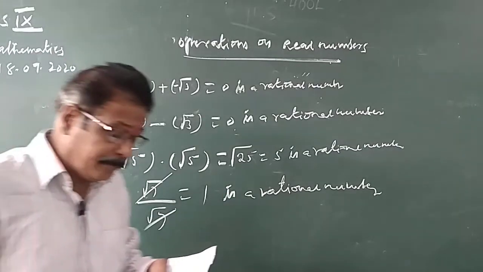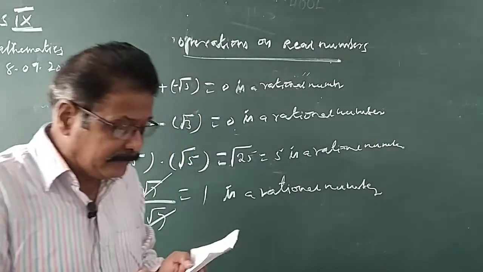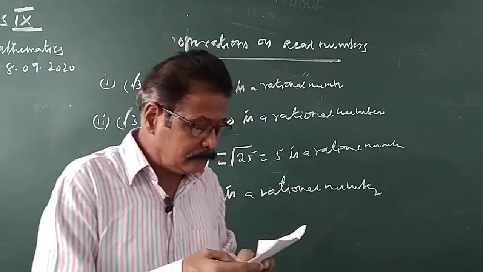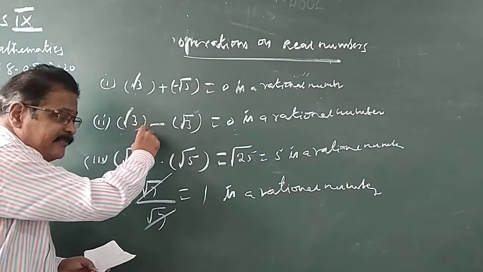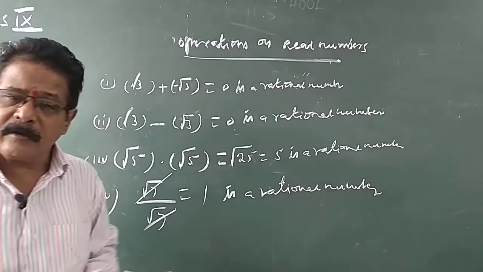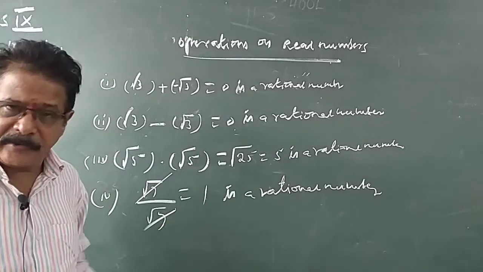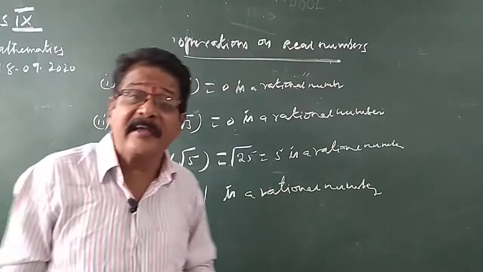So from that, what do you notice? Here we notice that the sum or difference or product or quotient of irrational numbers need not be irrational.